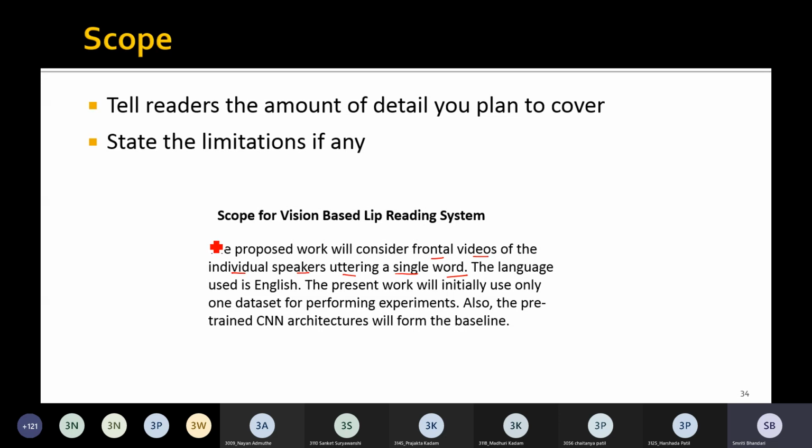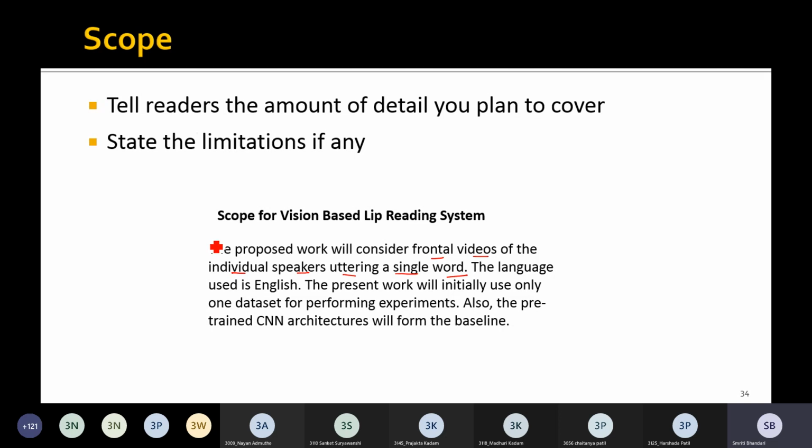If the person is speaking, no doubt, but if the frontal view of the person is not available, then it may not be possible to read the lip movements because the lips are not clearly visible, right? So that is the scope, that is the limitation.